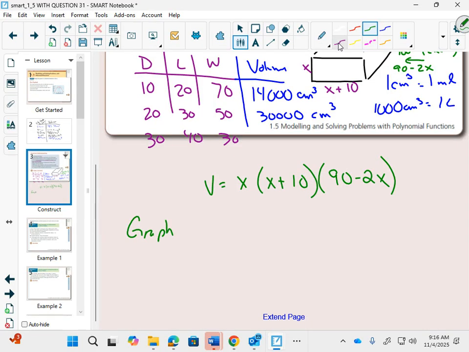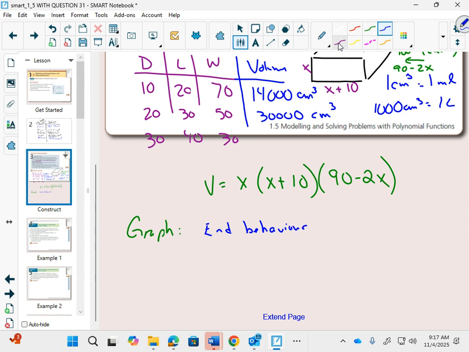And the reason this is easy for us to graph is because it's already factored for us. We can see the x-intercepts, we can find the y-intercepts, we can look at the end behavior. So what we did in yesterday's class is we learned the shortcut for graphing polynomials was to use the end behavior. So in this one, first of all, I have to multiply this out.